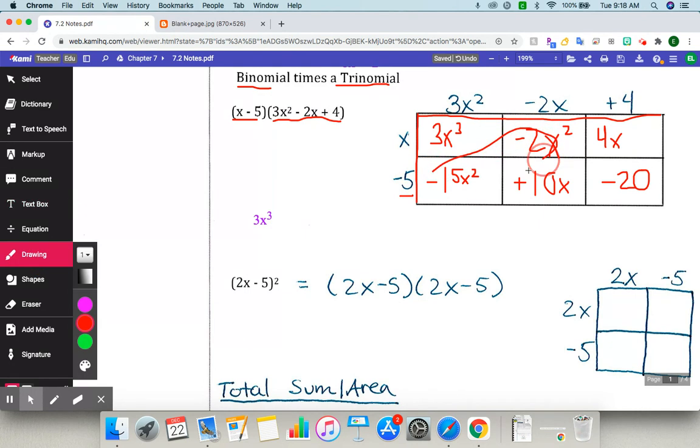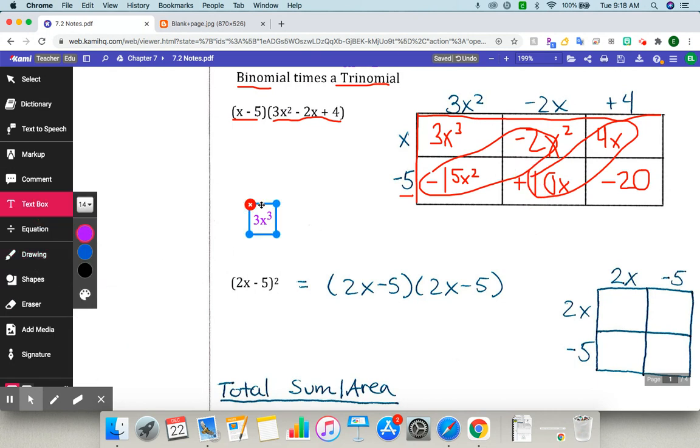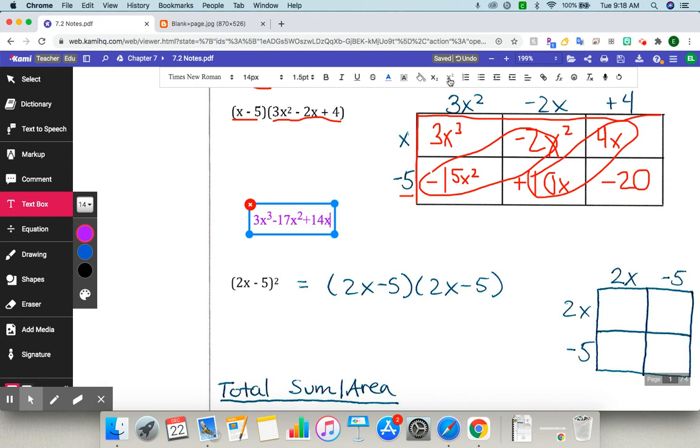So notice these are like terms since they're both x squared, and then these are like terms since they are both just x. So I have 3x to the 3rd power minus 17x to the 2nd power plus 14x minus 20. And that is my total product.